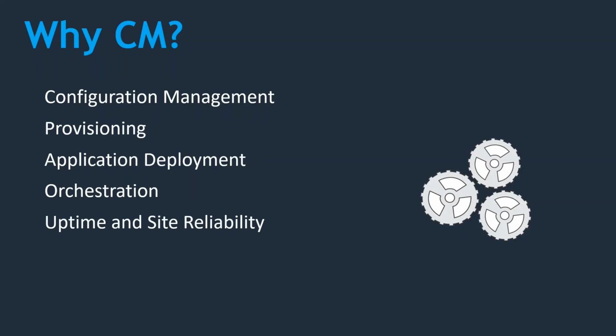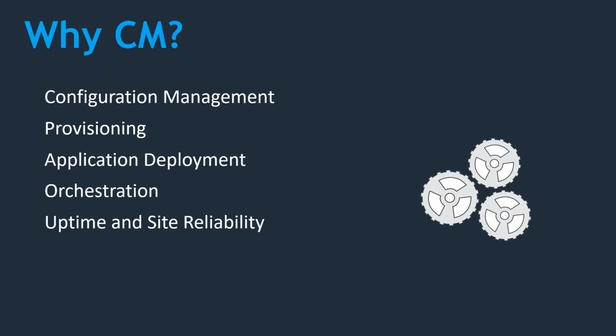At last, we have uptime and site reliability. The major problem in the real world occurs whenever you are making changes. Changes are causing a lot of outages. That is the statistic: 70% of the outages happen due to changes.